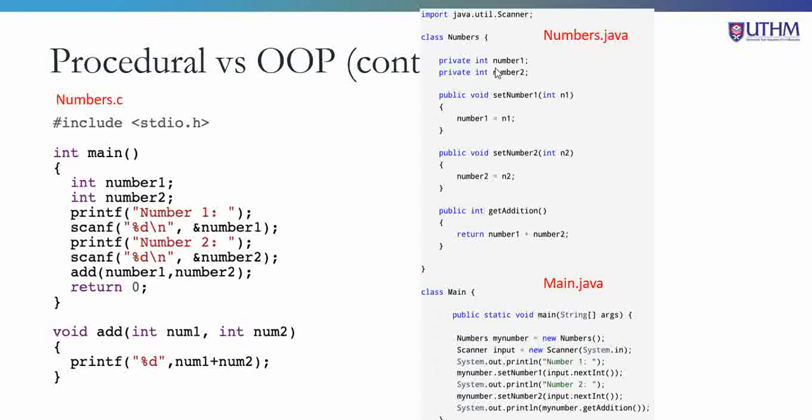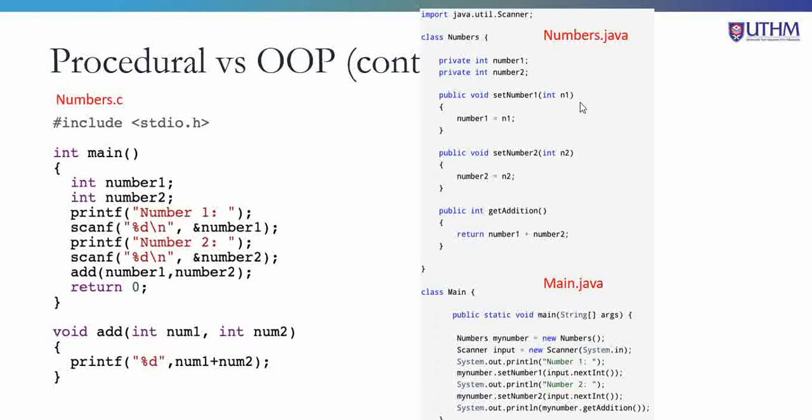In order to instantiate the value of number one and number two, it needs to go through the function. Let's say if I want to set the value of number one, I need to go through this function, set number one. I cannot, let's say, assign number one as 12.